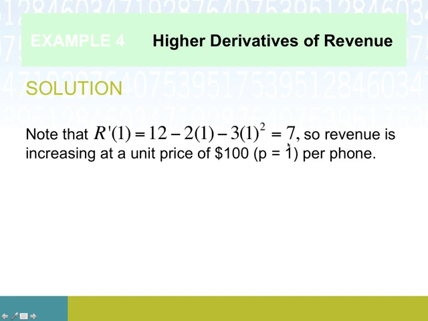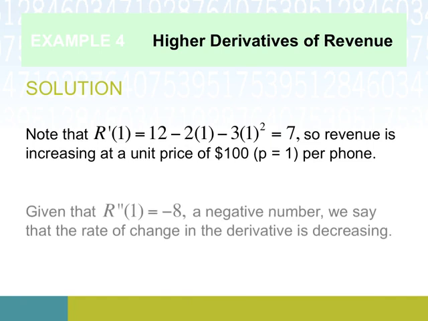And remember that our output on revenue was in hundreds of thousands of dollars. So we've got a unit price of $100 per phone, and that's what helped lead us to larger units of revenue, but we'll get there. So revenue is increasing. That's the short answer. But this is not a statement about r double prime, the second derivative. This is just a statement about r prime.